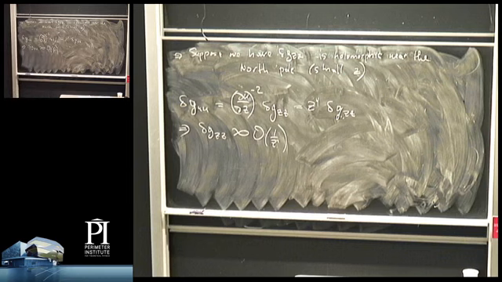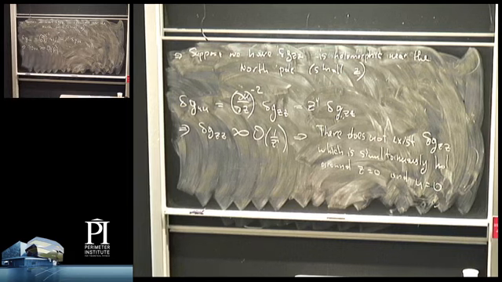But that simply means that it's not holomorphic near the origin. Unless it's identical to 0, it can never be holomorphic near the origin.